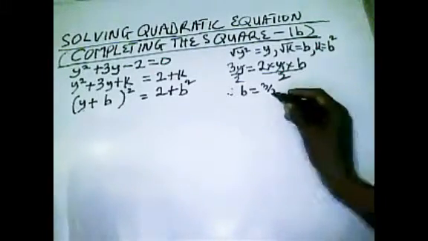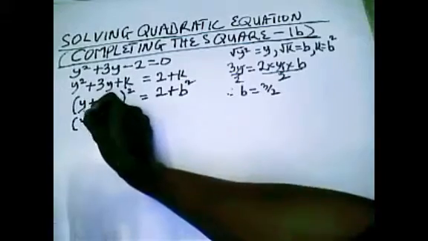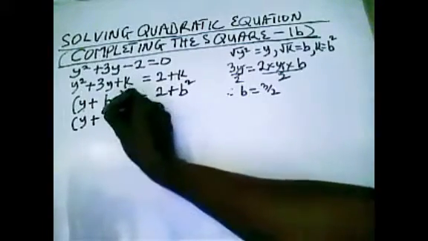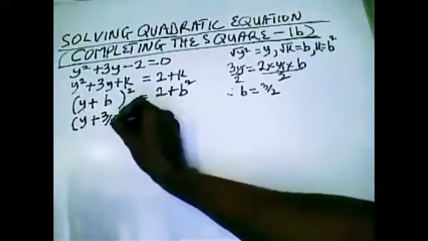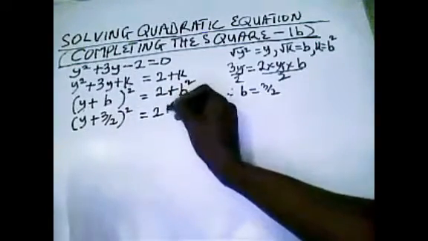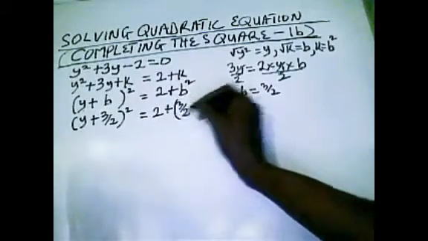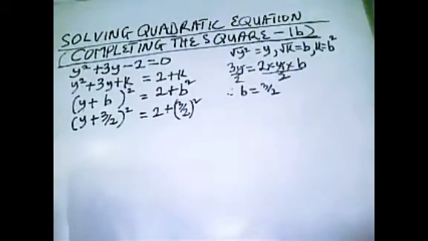Now this 3 upon 2, we are going to substitute here. So over here we shall have y plus 3 upon 2 all squared equals 2 plus 3 upon 2 all squared. Don't forget that the value for b is 3 upon 2.